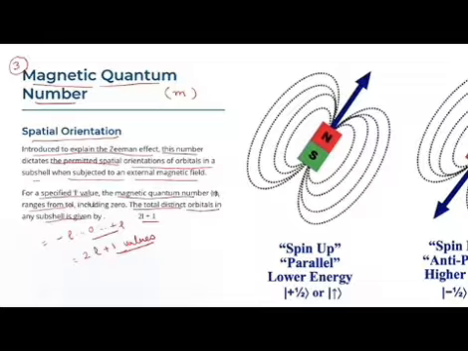So magnetic quantum number. Like you have studied the previous quantum number, that is the azimuthal quantum number, that tells us about the number of subshells.